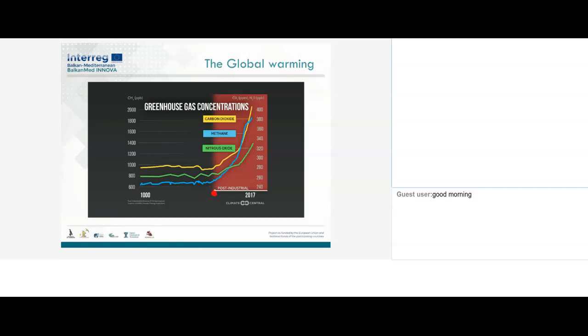But as we go through time and reach the post-industrial epoch, and especially after the first industrial revolution, which is the epoch that we start using coal, and especially, of course, in the last century, when coal and the other fossil fuels, oil and natural gas, were dominating the energy mix, the concentrations of these main three greenhouse gases rapidly increased.